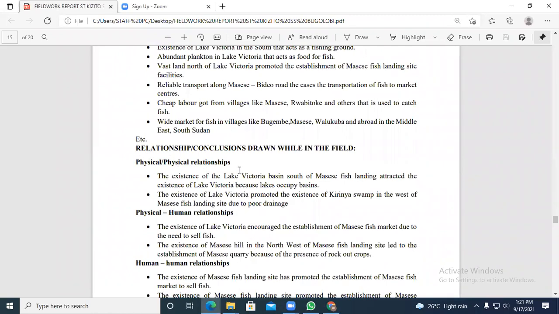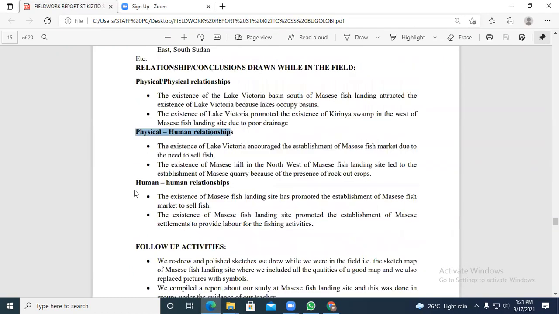Physical to physical relationships, then physical to human relationships, and lastly human to human relationships. How physical relationships favored, encouraged, disfavored, discouraged, promoted the other physical relationship in that area.